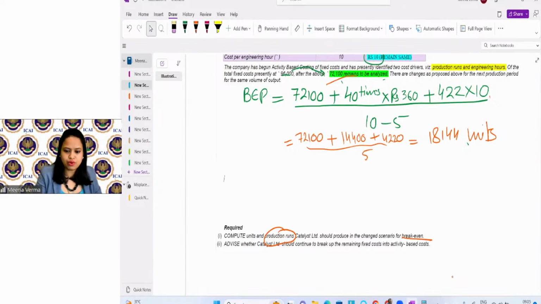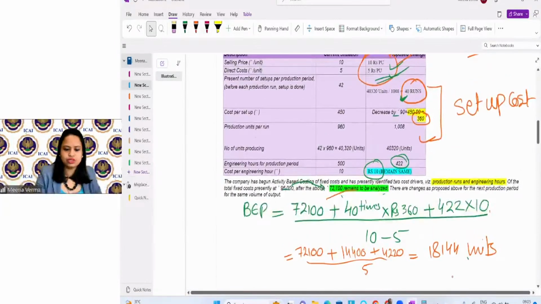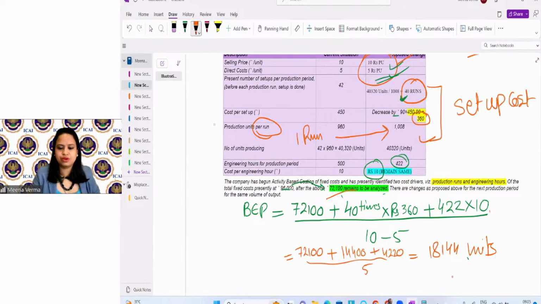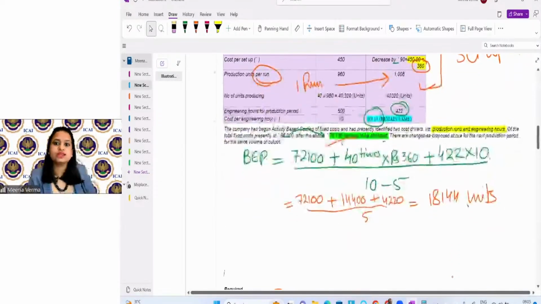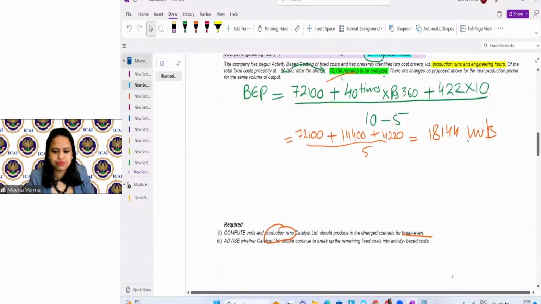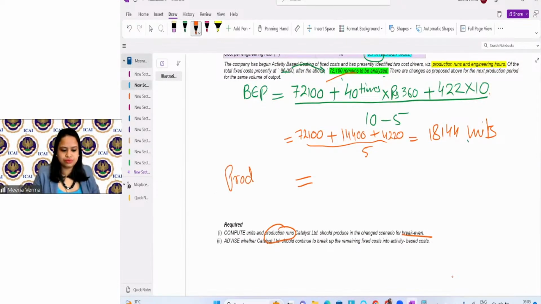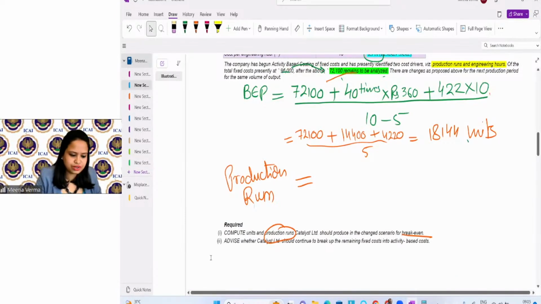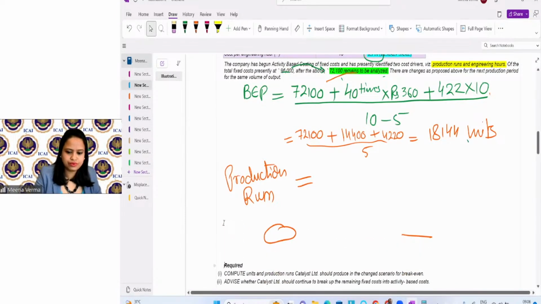So you know that in one run, under the proposed system, we are producing this many units. So if we produce a total of 18,144 units, you can find the production run also. How?